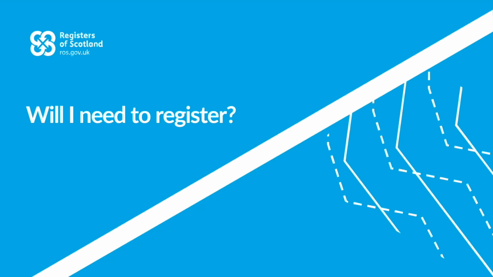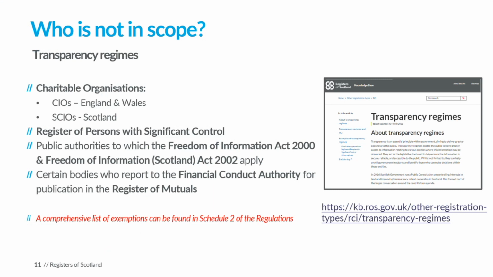Now let us take a look at who will and won't need to register. It might be more useful to first consider whether you may be out of scope of RCI. Owners or tenants will automatically be out of scope of RCI if you are subject to another UK transparency regime. Transparency regimes enable the public to have greater access to information relating to various entities where this information may be obscured.